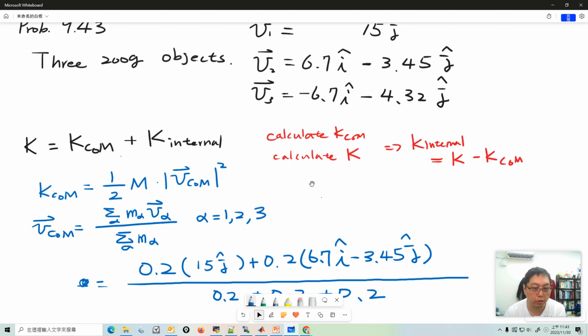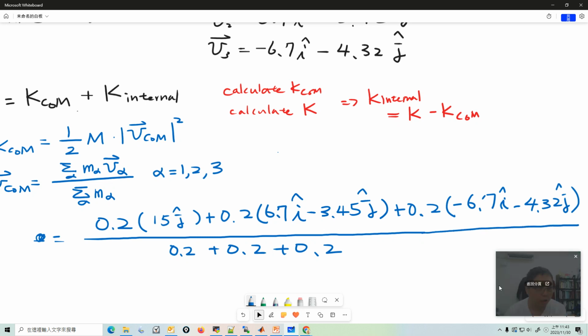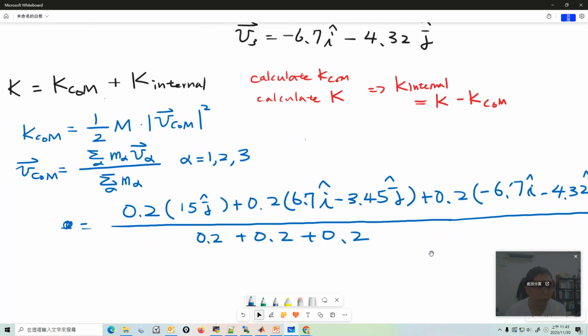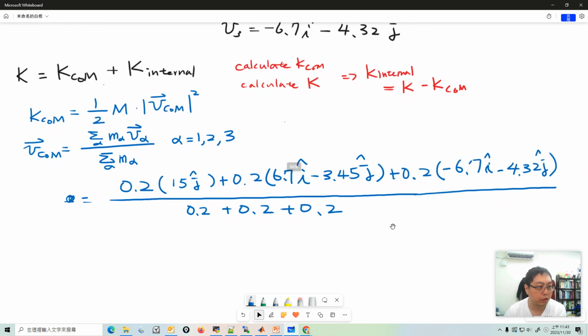The third object is 0.2 times minus 6.7I minus 4.32J. It's a very, very long division, so let's do this calculation.